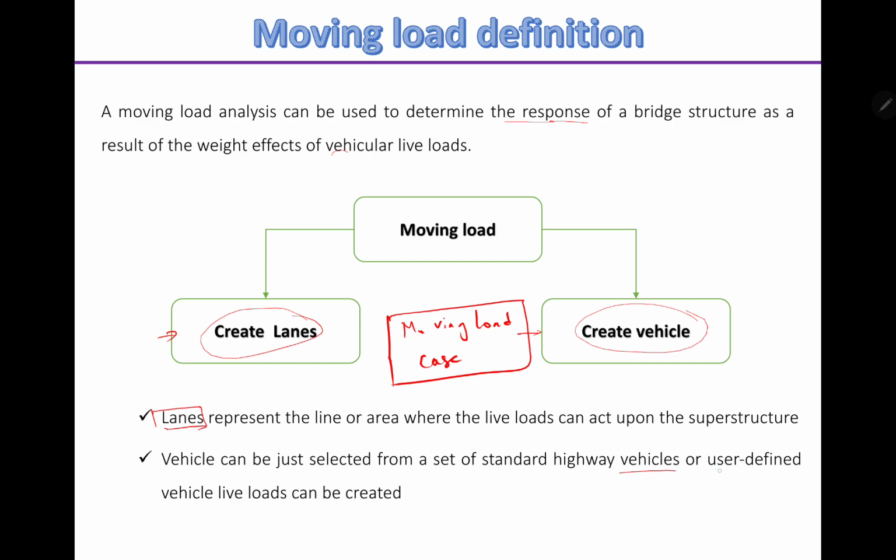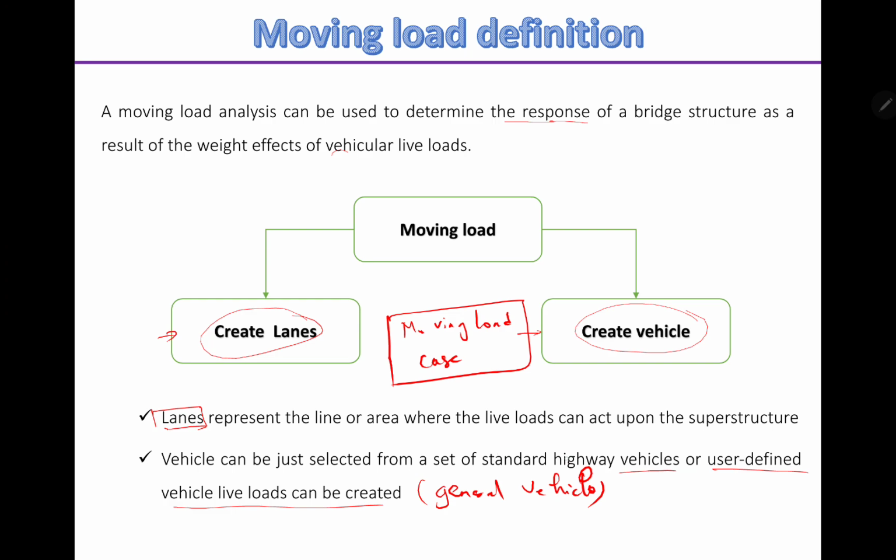The second method is what we will illustrate: how to create a vehicle from a blank. We call this a general vehicle. It depends on which highway standard you use.